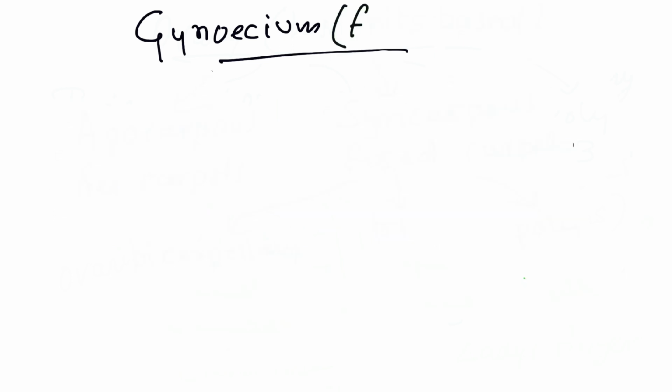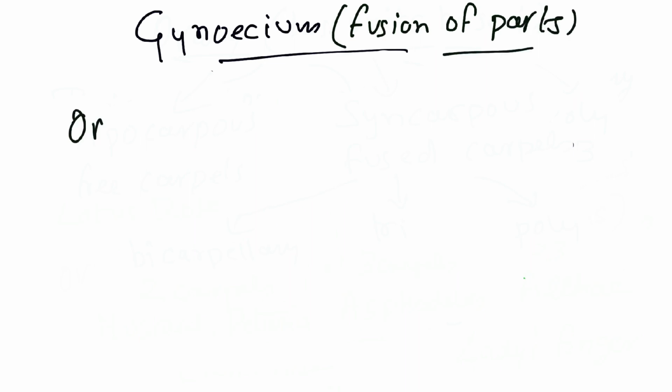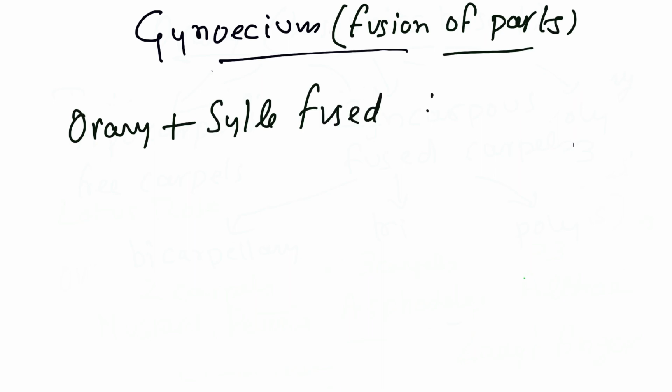Now further going on, looking at the fusion of the parts of the gynoecium. We have the style, the stigma, the ovary also. How are these fused in relation to other floral parts? That's what we are looking at in this division. There are cases where the ovary and the style develop as a single unit, fused together.